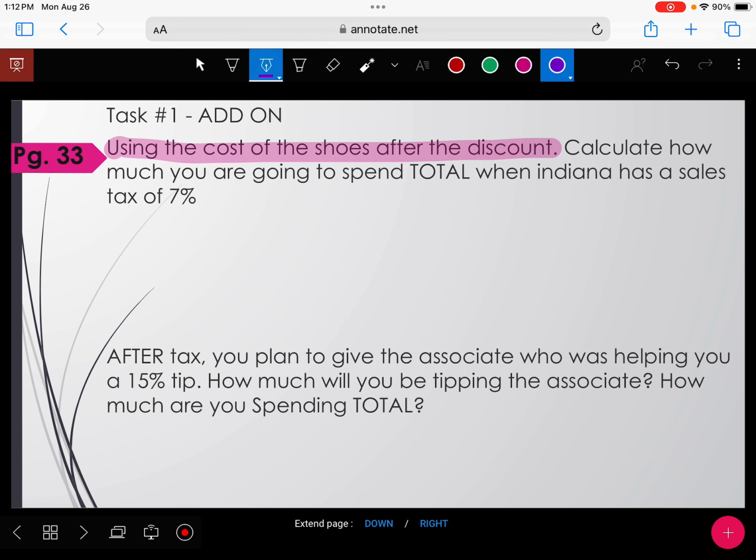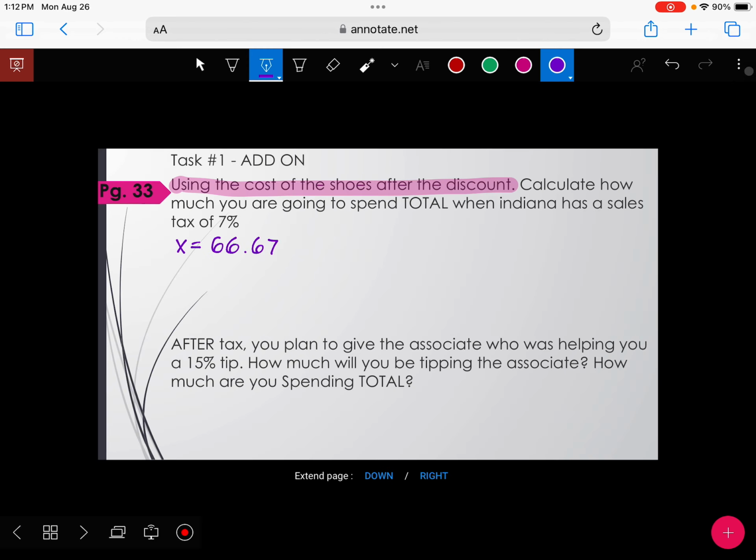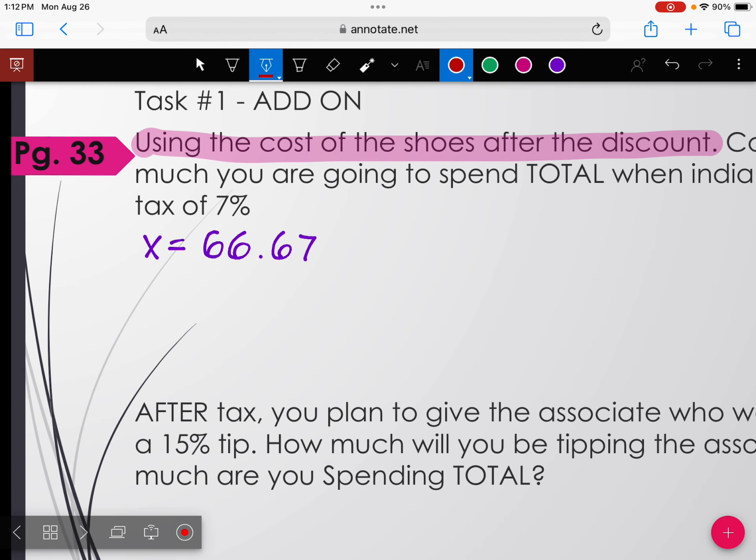So our shoes were originally, we just did this, $66.67. How much were the shoes after we used our discount? $56.67. Does it matter which discount we use?